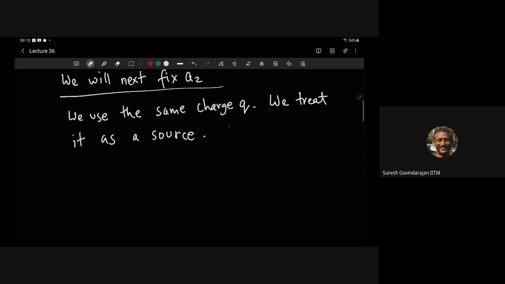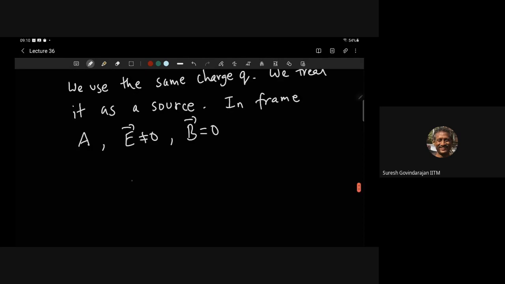So in frame A, E is not 0 and B is 0. A point charge, which is, let's say, located at the origin or at R prime or something like that. And what is E?